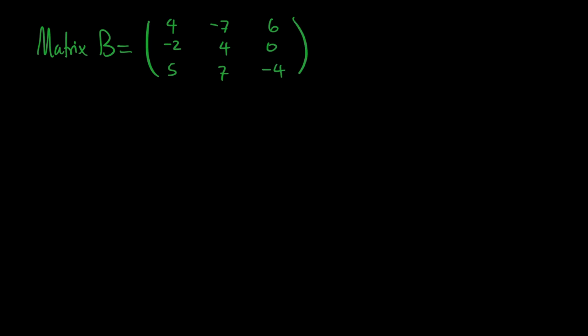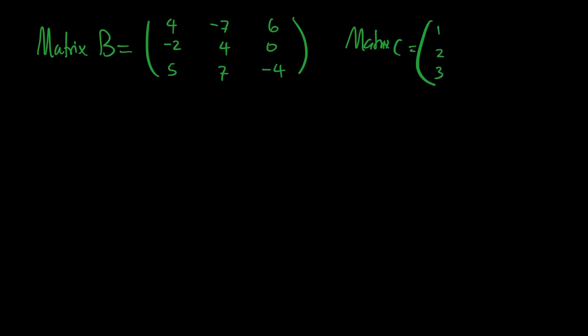Now let's say that we have the matrix B, and you have 4, -2, and 5, and you also have -7, 4, and 7. You have 6, 0, and -4. And then we also have the matrix C. You have 1, 2 and 3.